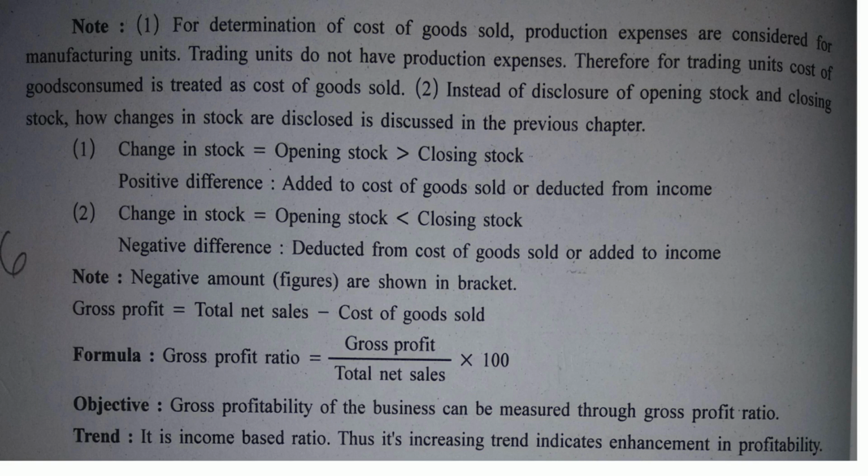For now, you have to give the heading gross profit ratio equals gross profit upon total net sales into 100, the formula that is given on your screen. Below that, you will write down the formula for gross profit. Gross profit equals total net sales minus cost of goods sold.